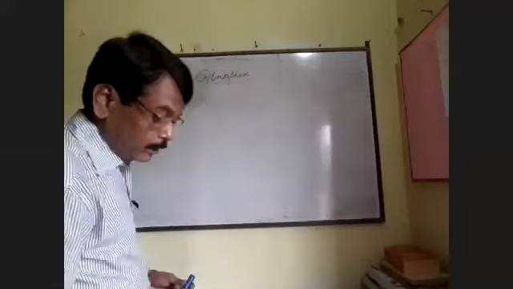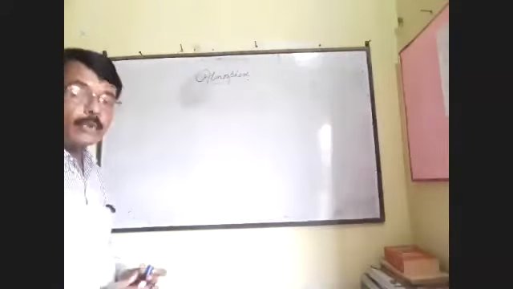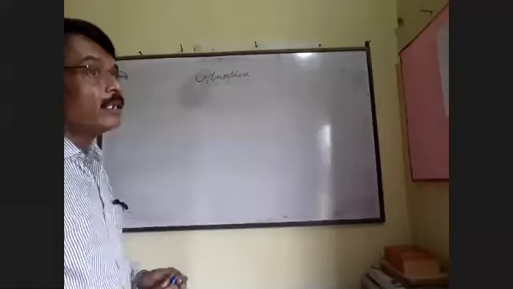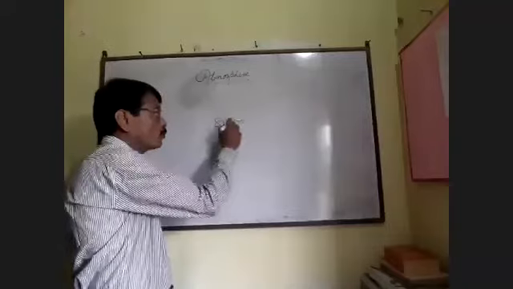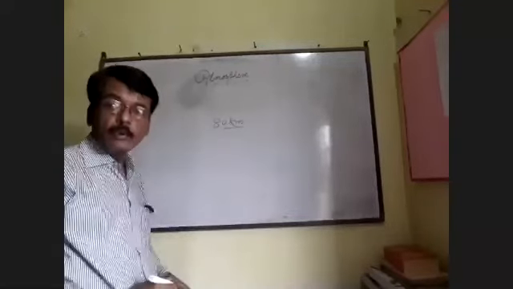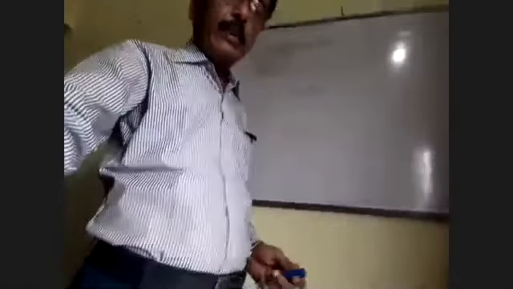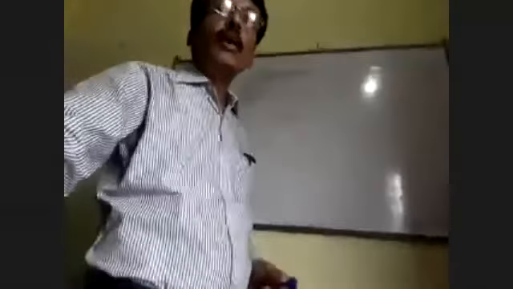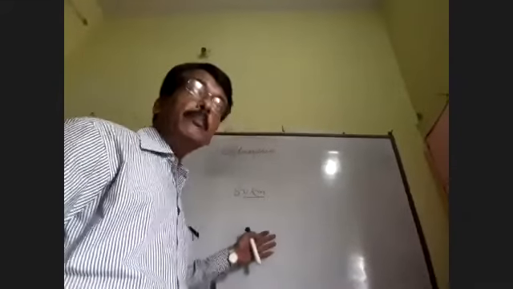Then after that, the third layer is known as mesosphere. It extends about 80 kilometers. From 50 to 80 kilometers, it extends. So here the temperature again, just I told you about the alternating process.